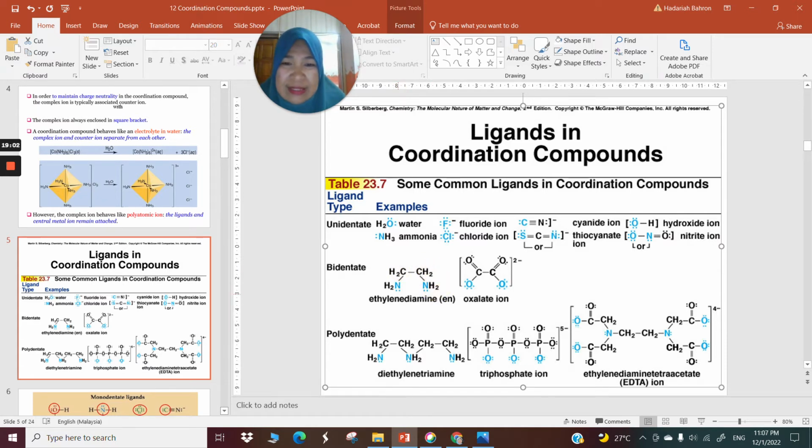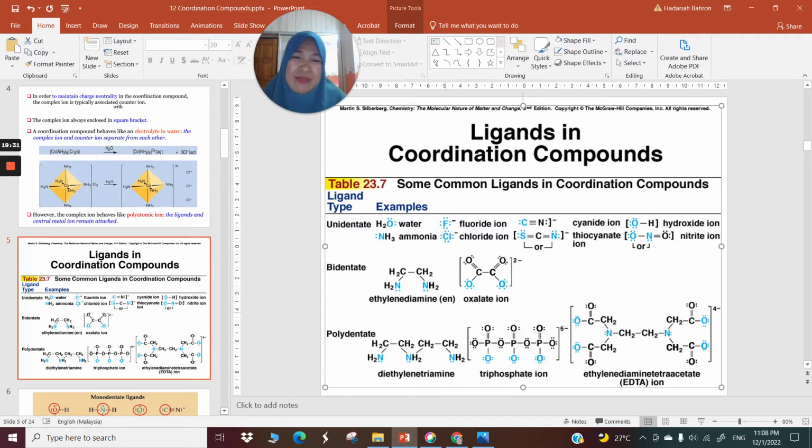You can very well see that the two nitrogens, this one here and that one there, both contain lone pairs of electrons, and both of them can donate those lone pairs to the metal to make dative covalent bonds. So both of them will connect to the metal, and this ligand is called a bidentate ligand because it binds at two positions.